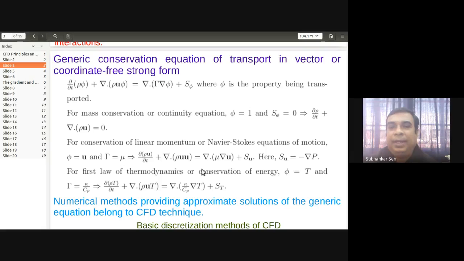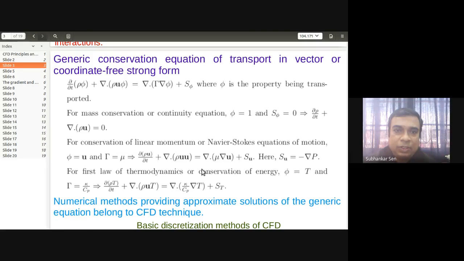Okay. By gradient we mean del del x, del del y, del del z terms are present here. So this term will be 0. Gradient of 1, gradient of a constant, will be 0. So the right hand side will be 0, and we have already put phi equals to 1. So this unsteady term will be del rho del t. So we are getting del rho del t plus divergence.